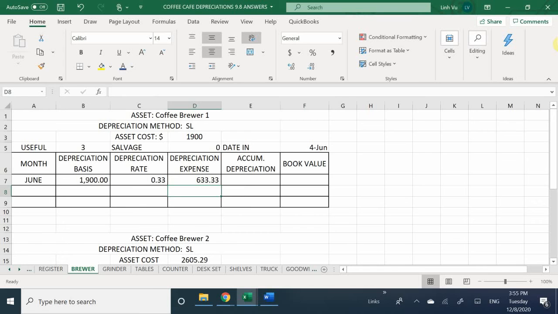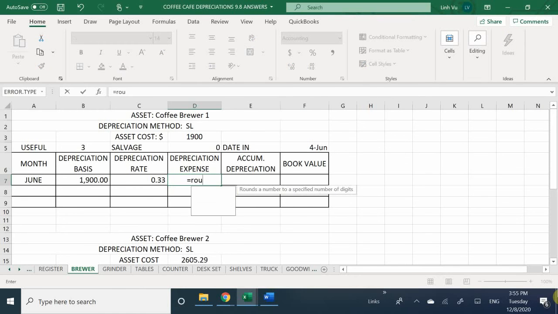Now tell me, is this correct? Or is this the depreciation expense for the month or for a whole year? For the whole year. So now I need you to take that and divide it by 12. Correct. Okay, so I'm going to go ahead and just redo my formula.